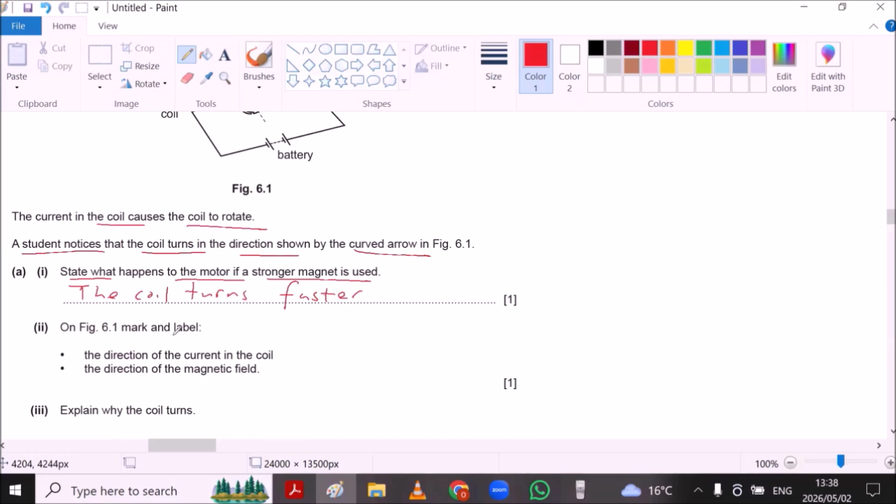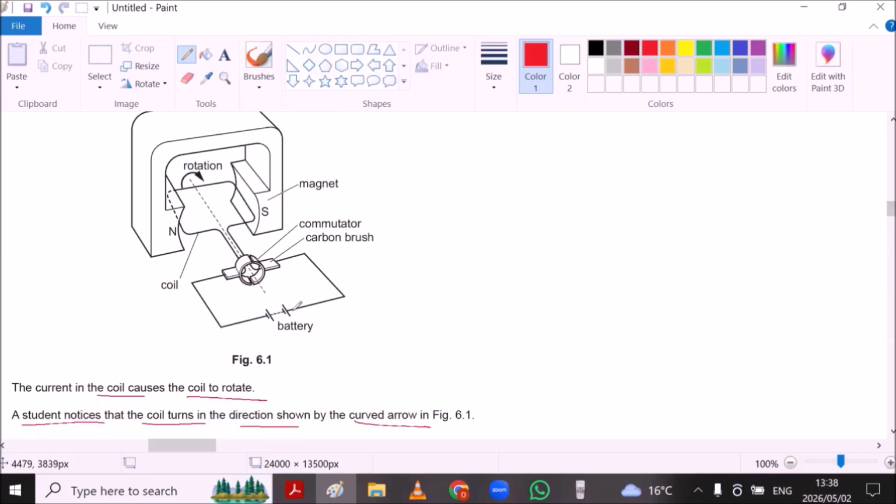On Fig 6.1, mark and label the direction of the current in the coil. The current is moving from the positive terminal of the battery through the carbon brushes to the split ring commutator, then here. So we can show this direction of the current. So current is going up here, around here, and then back to the negative terminal.